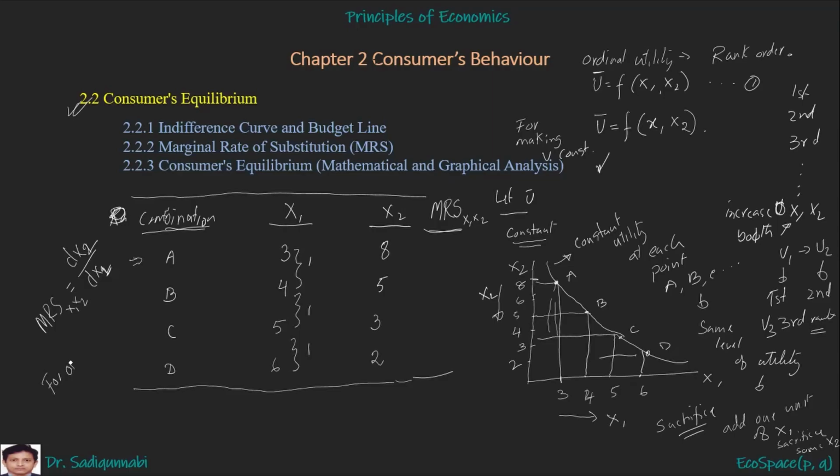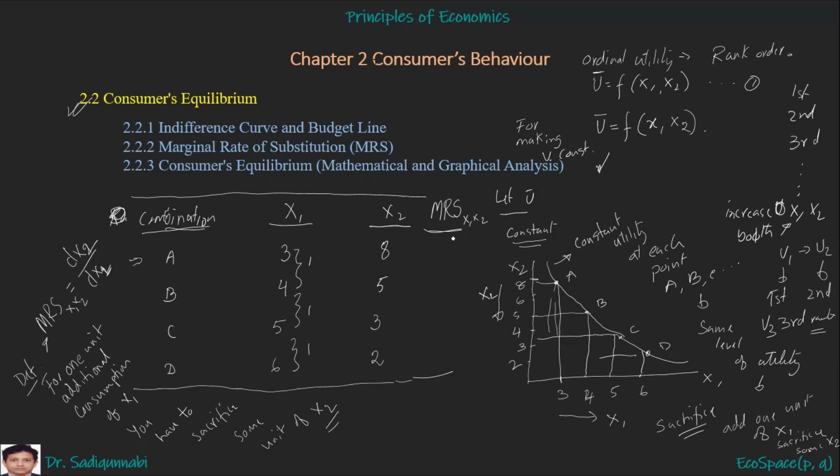So for 1 unit additional consumption of X1, you have to sacrifice some unit of X2, and this is the definition of MRS.